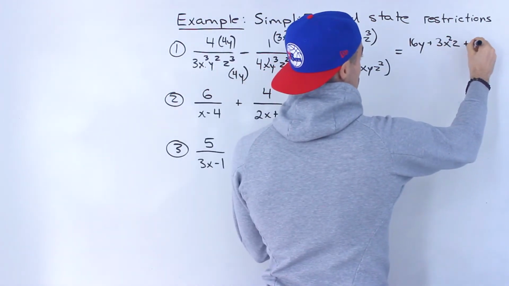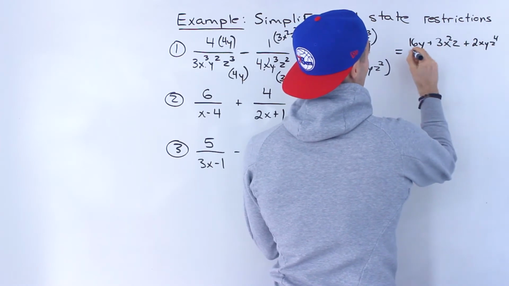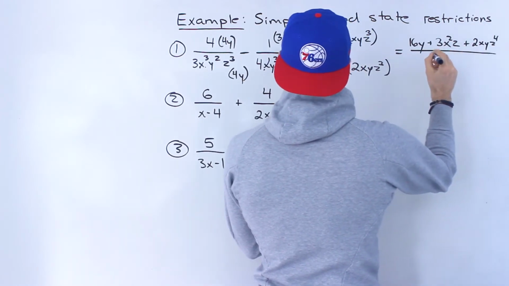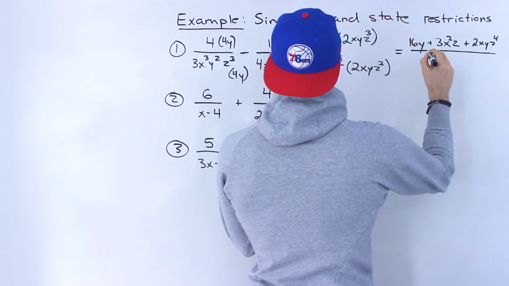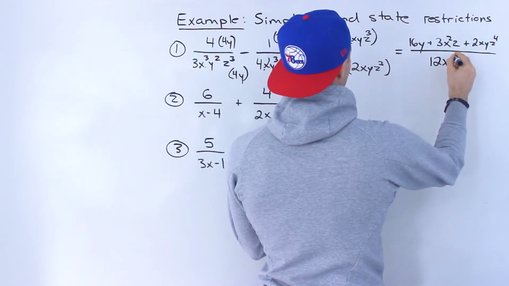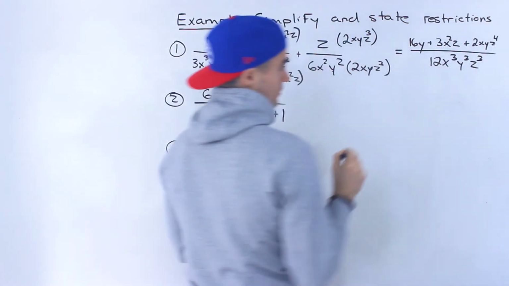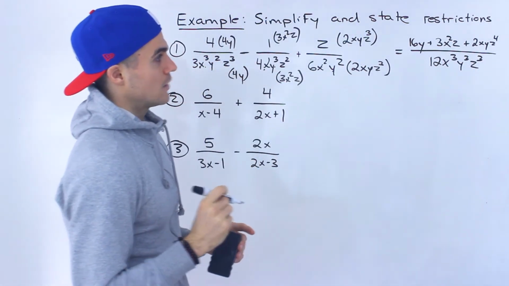So we'd have 2x, y, z to the 4, all over that lowest common denominator, which I erased, which was 12x to the 3, y to the 3, z to the 3.